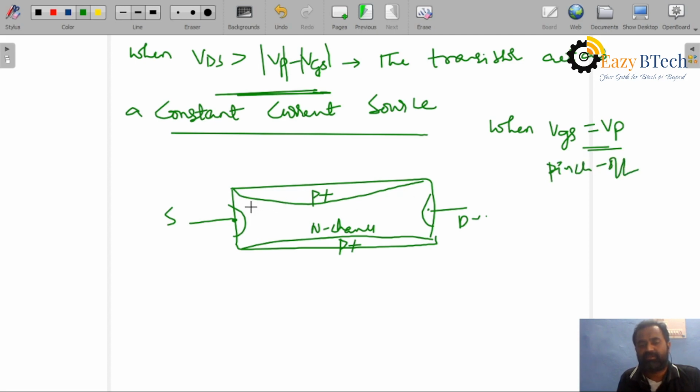It means this depletion region is totally covered.